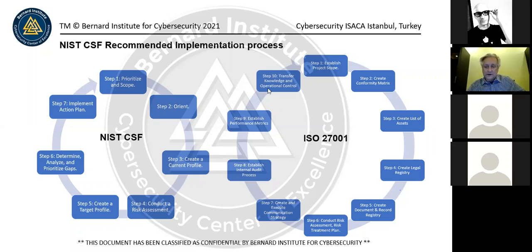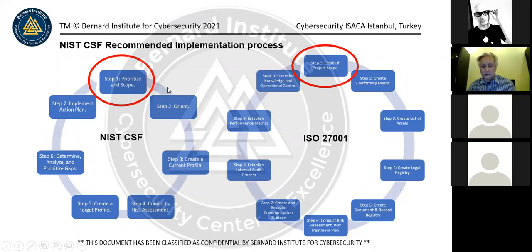And I would definitely say that if you're auditing an organization that says that they've implemented NIST cybersecurity framework, I would seriously say you take a look at the ISO process, look at the steps that are in there, and see if you can identify any type of evidence in the NIST framework implementation process, if that's the one that they followed.